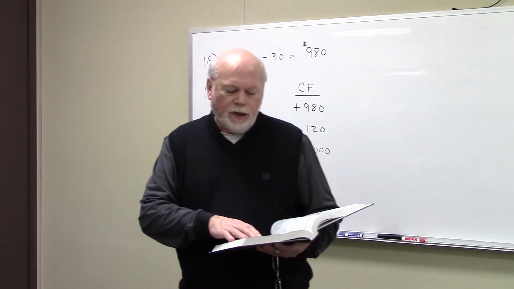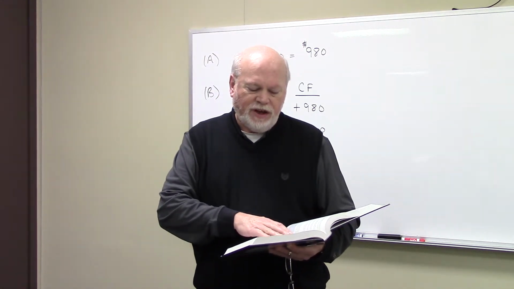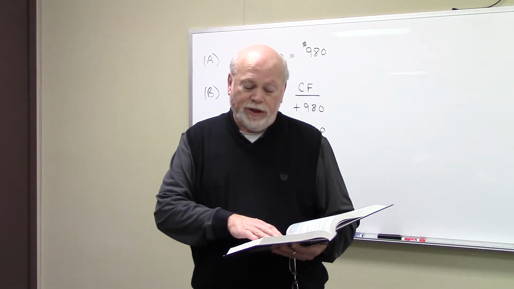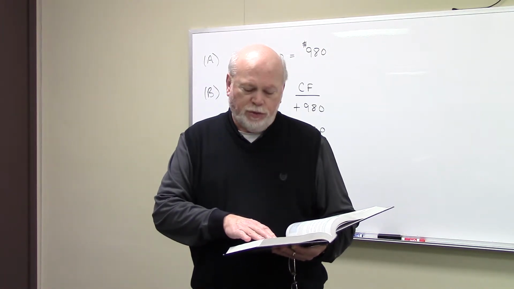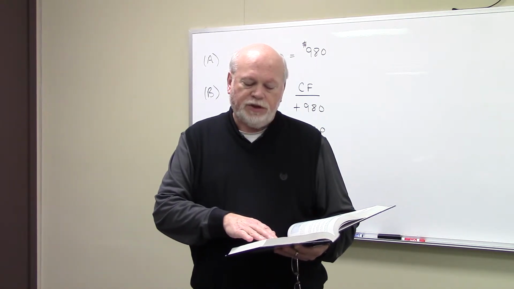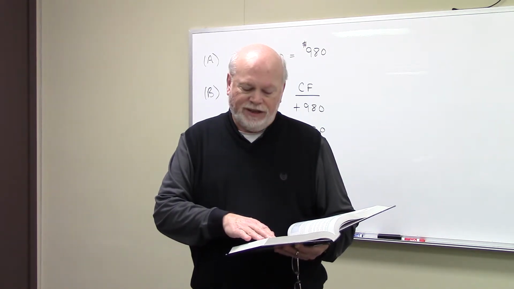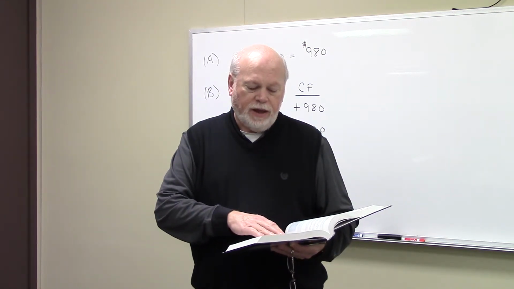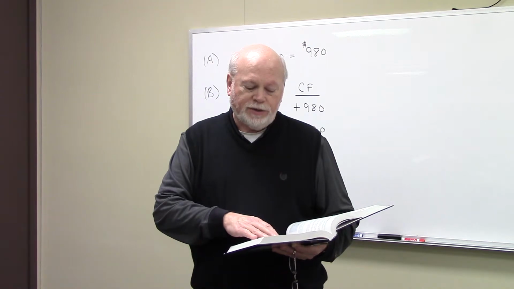It says, currently, Warren Industries can sell 15-year, $1,000 par value bonds paying annual interest at a 12% coupon rate. As a result of the current interest rates, the bonds can be sold for $1,010 each. Flotation costs are $30 per bond, which will be incurred in this process.